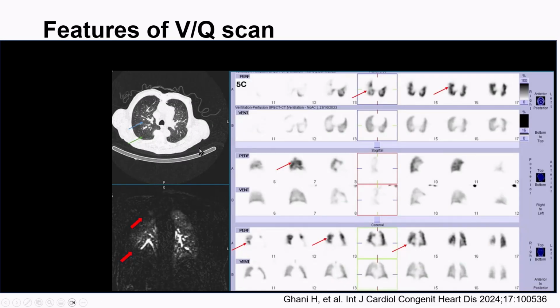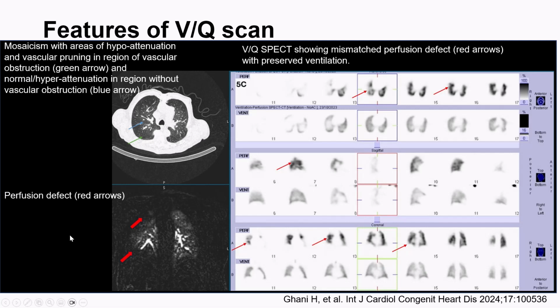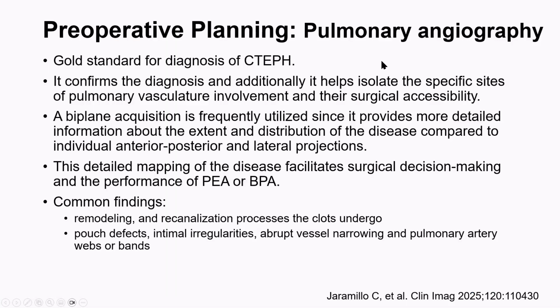This is the feature of mosaicism, areas of hypoattenuation, and vascular pruning in the region of vascular obstruction and the perfusion defect. The VQ scan shows the mismatched perfusion defect, the red area, with preserved ventilation.